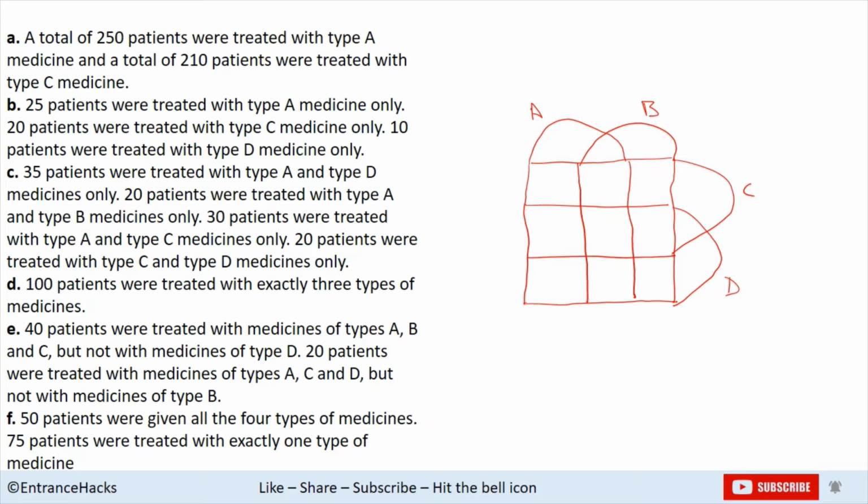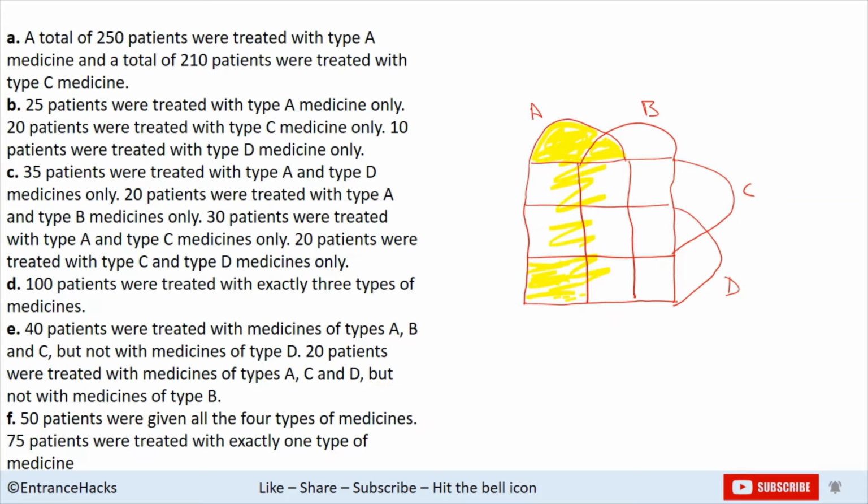This whole area is A. And this portion alone is the area which belongs only to A but not to B, C, or D. So if we are given some information that something belongs to A and B, that will be this which has been intersected by A and B. Something which is from A and, say for example, D but not by others, it will be this area which is A and D's area.